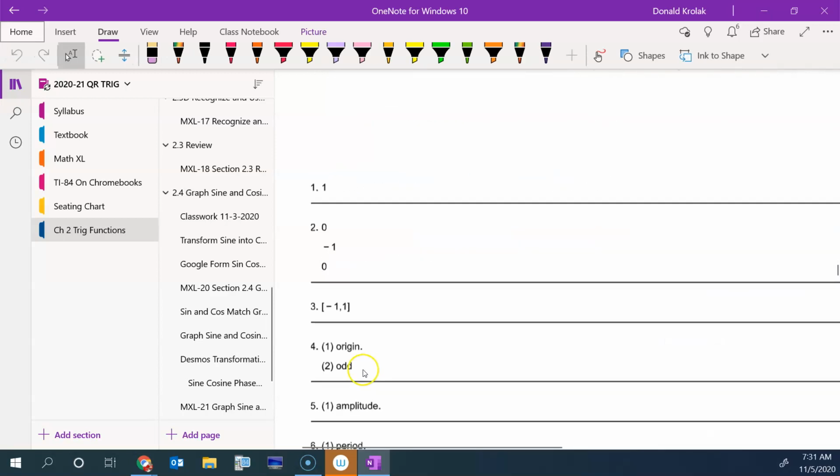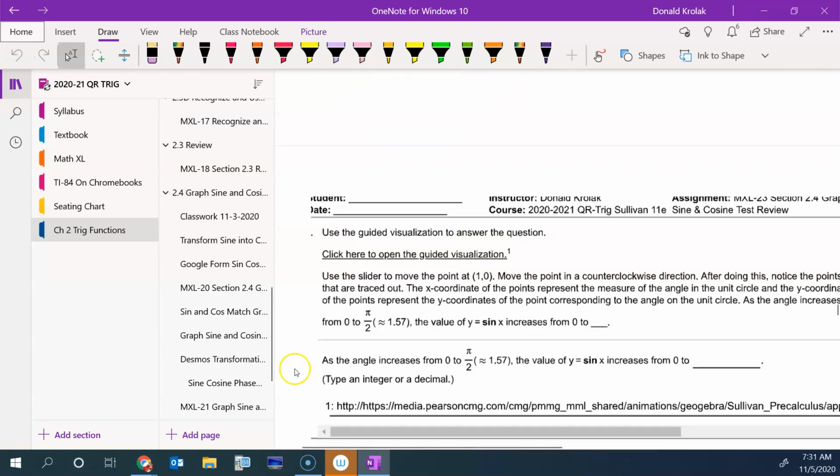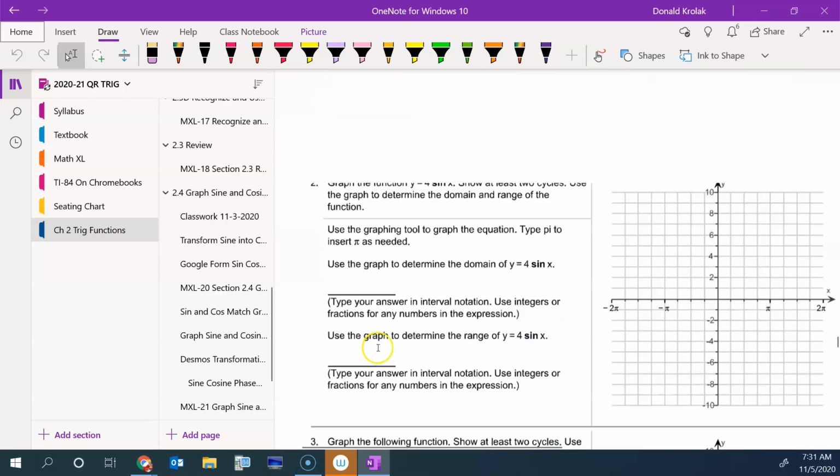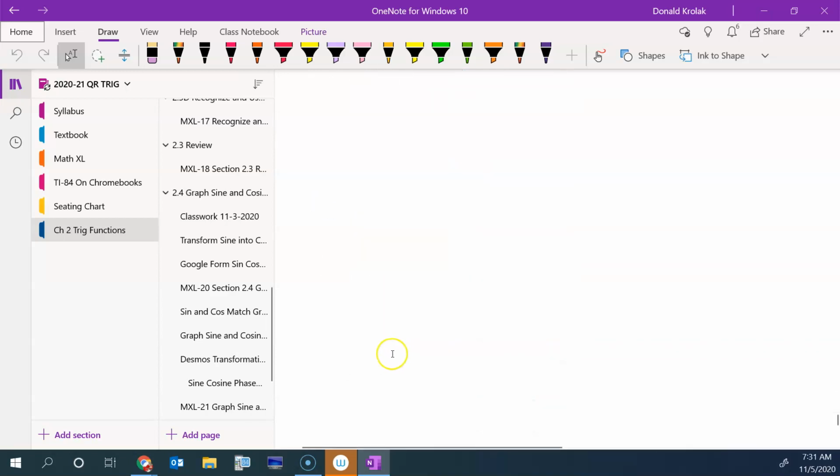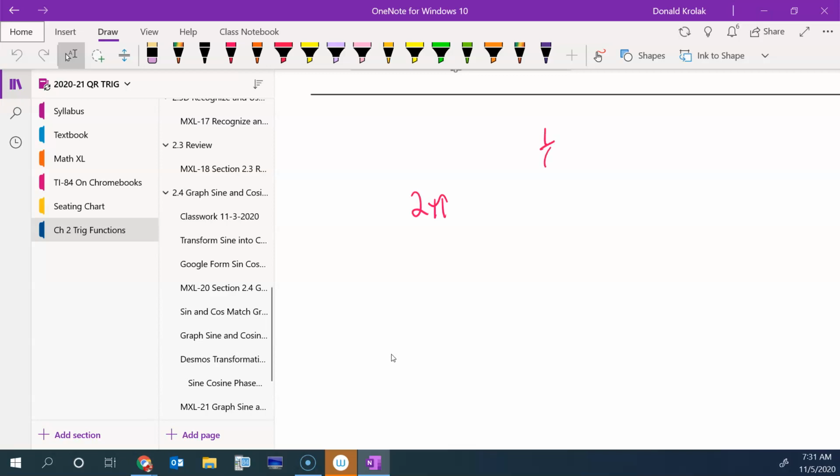So the b value in this one is 1/6. So what happens is, when I do 2 pi and the b value is 1/6, okay, so when I divide by a fraction, I multiply by the reciprocal, so it actually becomes 12 pi.